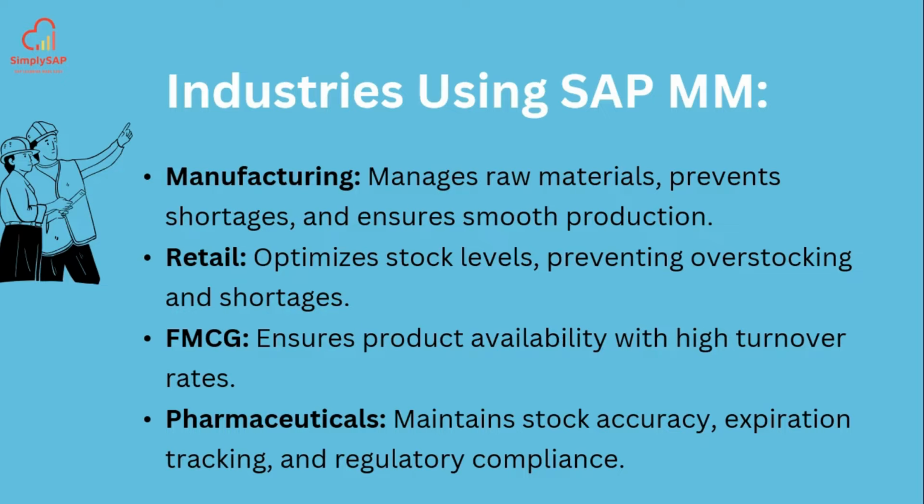Then we have FMCG, that is fast moving consumer goods. Since FMCG products have a high turnover rate, SAP MM helps companies efficiently manage stock, ensuring products are always available for the customers.